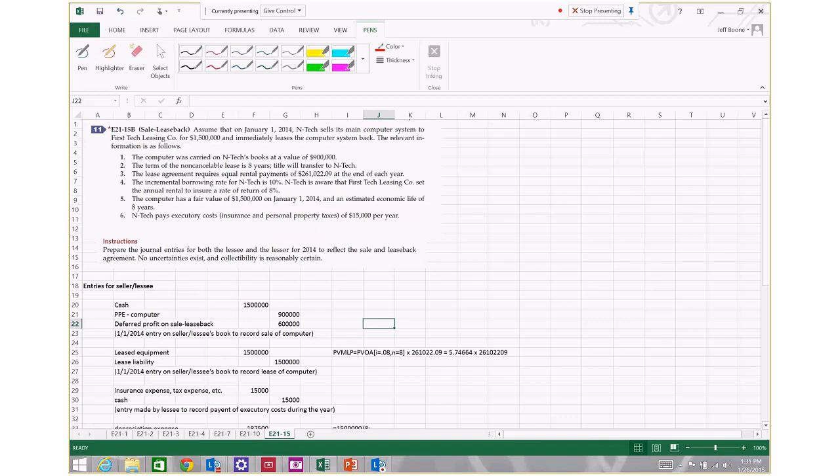We're standing here today on January 1st, 2014. So we've got Intech. Intech is the seller/lessee. They own the property, which is a computer system, and they sell that property to First Tech.